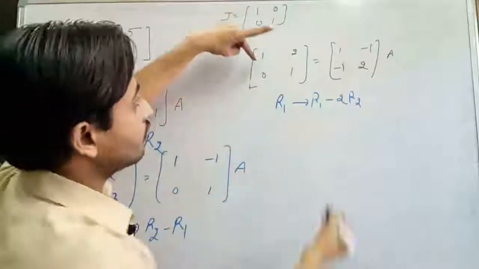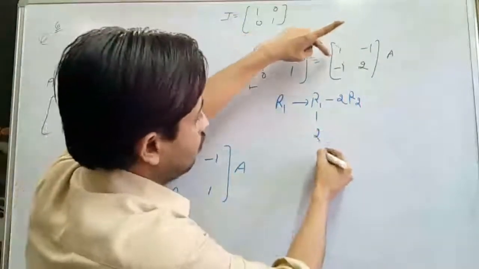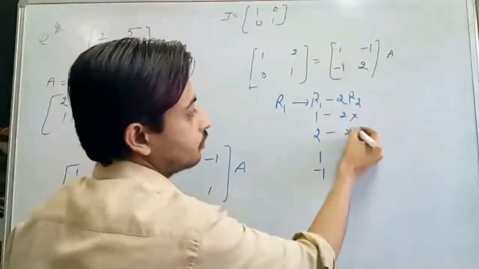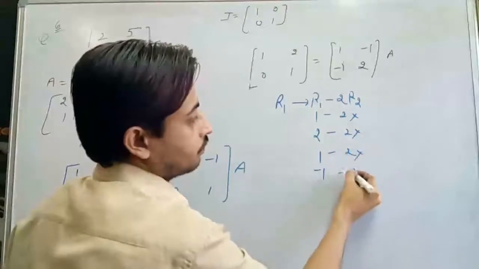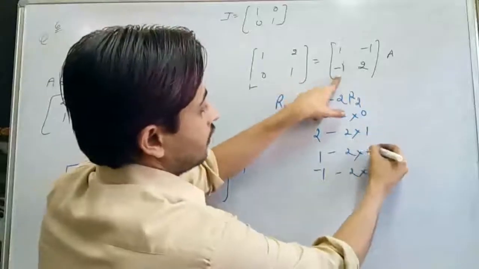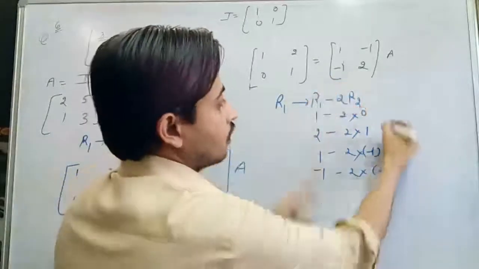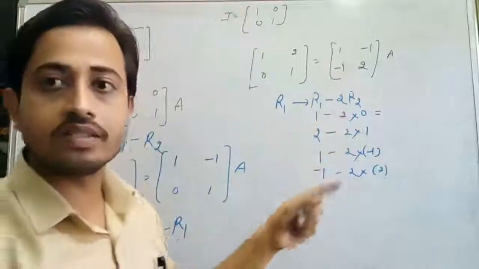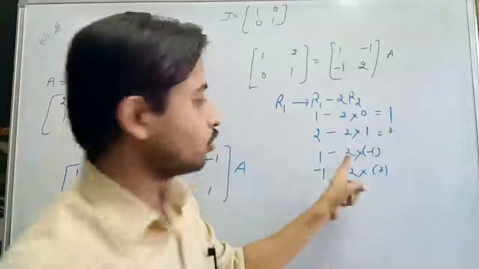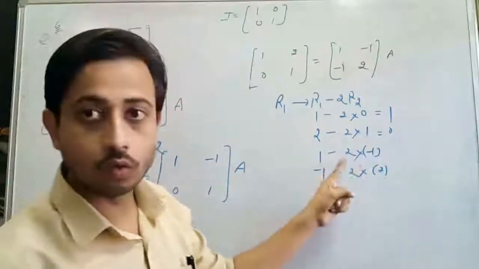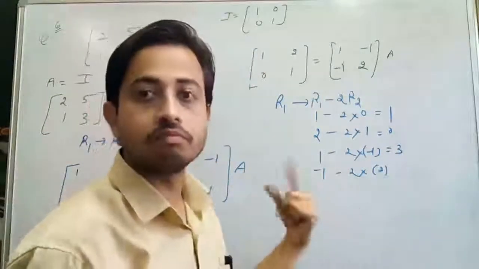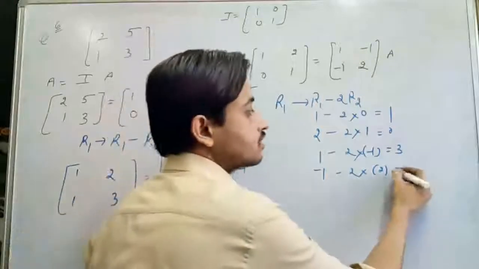R1 is 1, 2, 1, minus 1, and R2 is 0, 1, minus 1, 2. Solve this. 2 into 0, 0; 1 minus 0, 1. 2 into 1, 2; 2 minus 2, 0. 2 into minus 1, minus 2, and minus, we get 2; 2 plus 1, 3. 2 into 2, 4; 4 minus 4... minus 4 and minus 1 is minus 5.